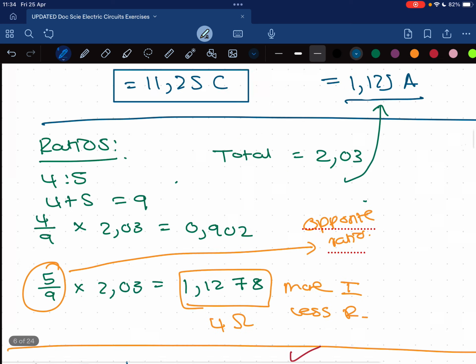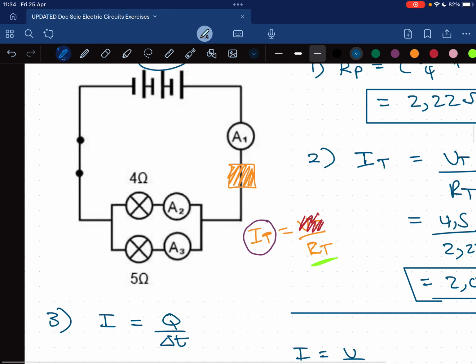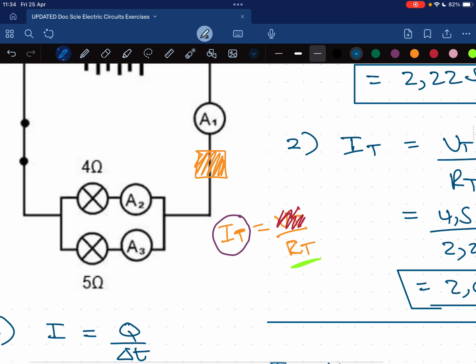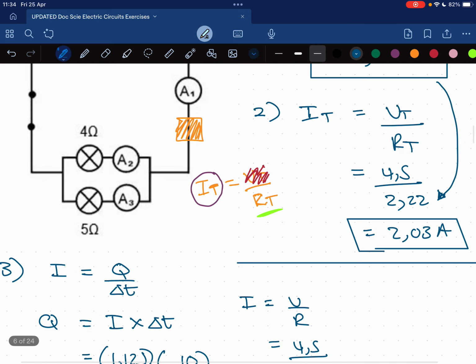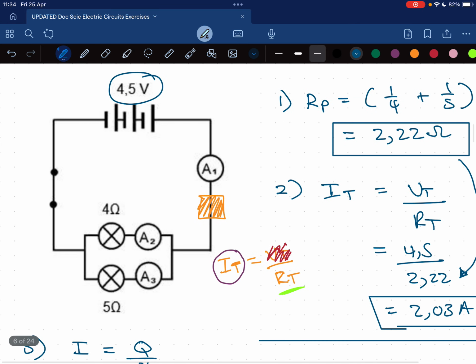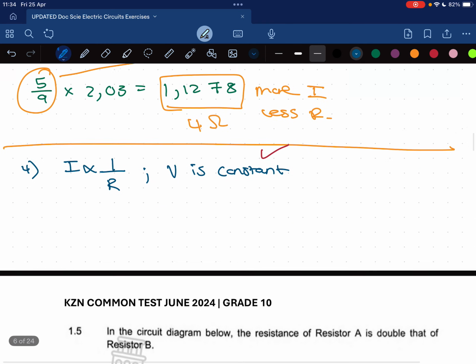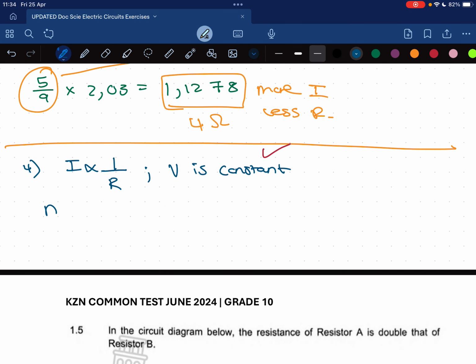Now we see, okay, if I'm going to take this resistance, and if you don't know, then just quickly assign a value. Remember, you know that it's 2.2 ohms, this part. So if you added any value here like 2, it would change the total resistance to 4.2. So adding another resistor in series is going to increase the resistance. So you must write that.